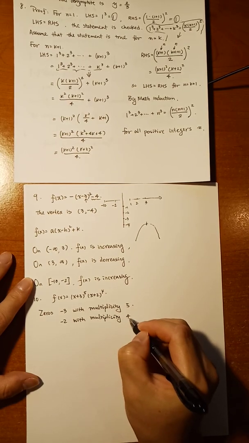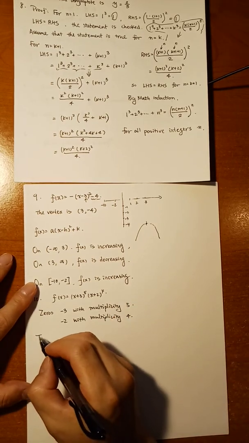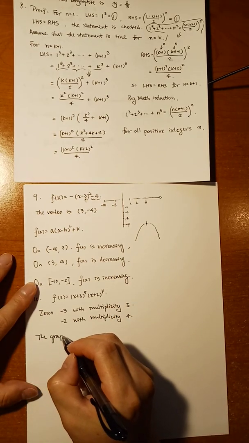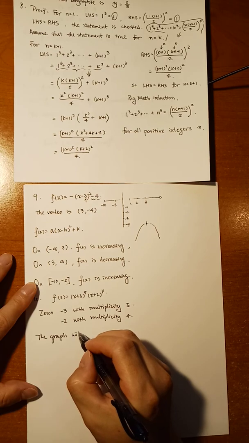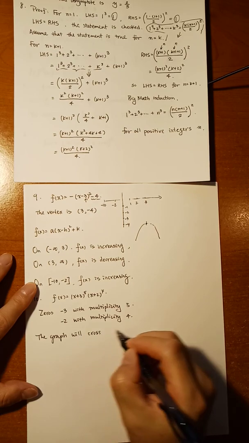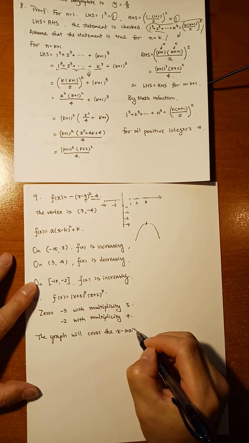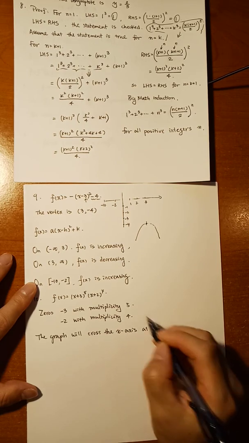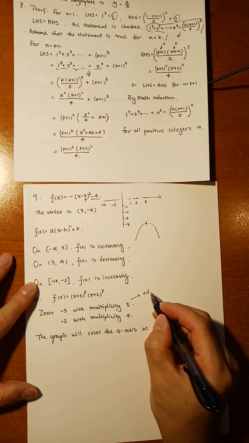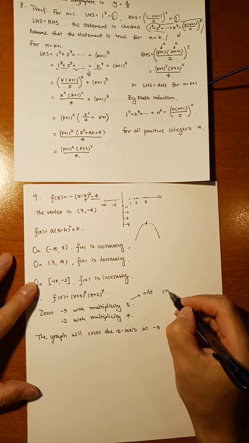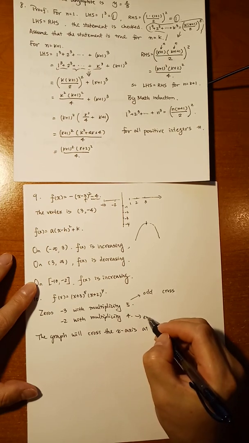We know that the graph will cross the x-axis at negative 3, because this is odd. Odd, cross; even, touch.